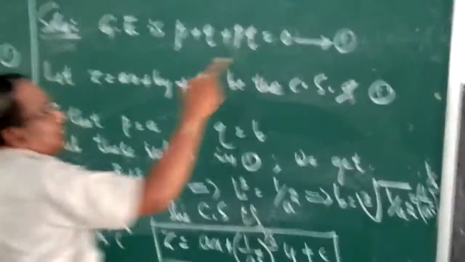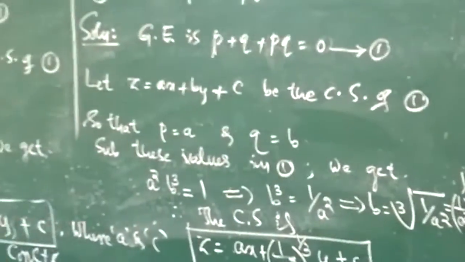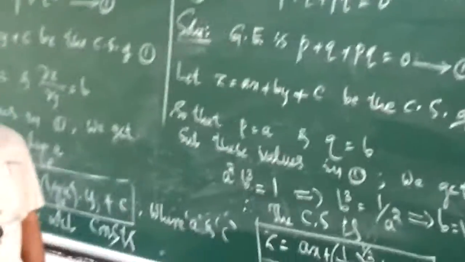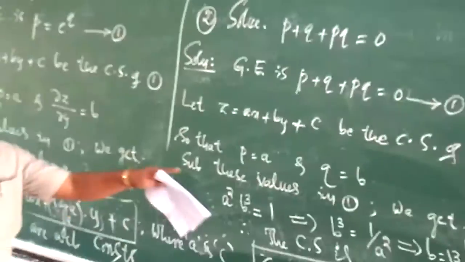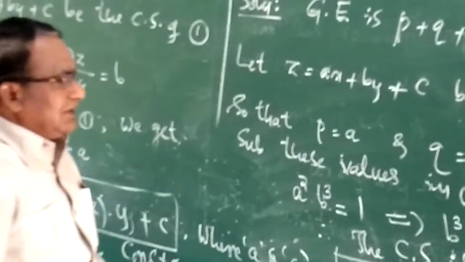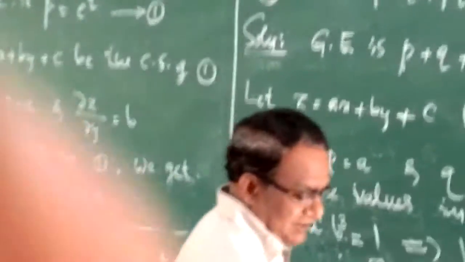Call it equation number 1 and observe it contains only p and q. So let us suppose z is equal to ax plus by plus c be the complete solution, so that p is equal to a and q is equal to b.